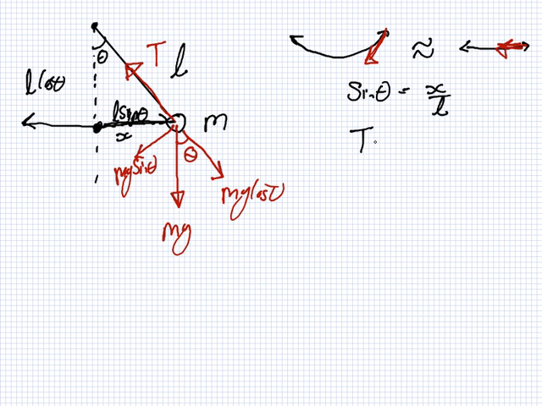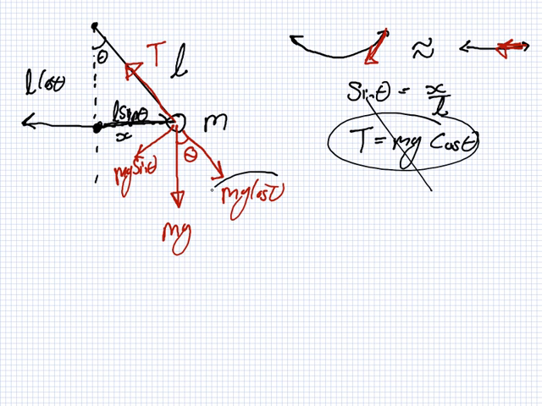The tension equals, sorry, I said mg cos, I meant to say mg sin. The tension is mg cos. We don't really care about this because all this does is cancel this. This is the one I care about because this is what makes it move left and right.